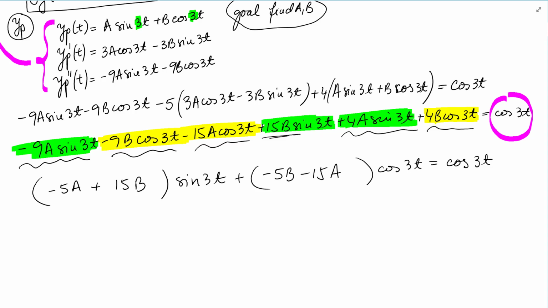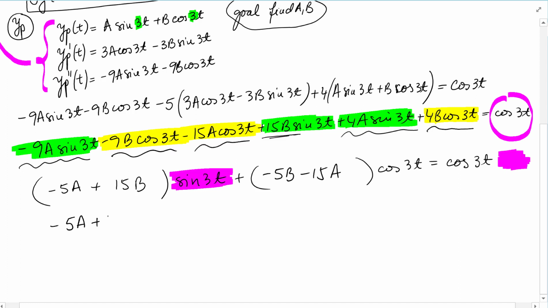The coefficients of sine of 3t on the left side have to equal the coefficients of sine of 3t on the right side. So negative 5A plus 15B equals 0, because there is no sine term on the right, so the coefficient in front of it is 0.